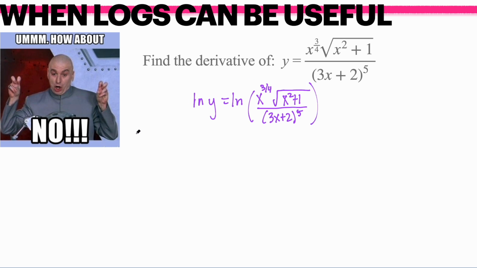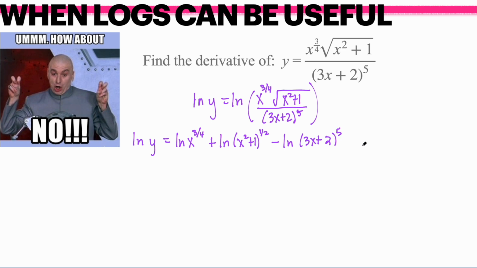So on the left, I have the natural log of y. On the right, I have the natural log of x to the 3/4 plus the natural log of x squared plus 1 raised to the 1/2 minus the natural log of 3x plus 2 raised to the 5th.